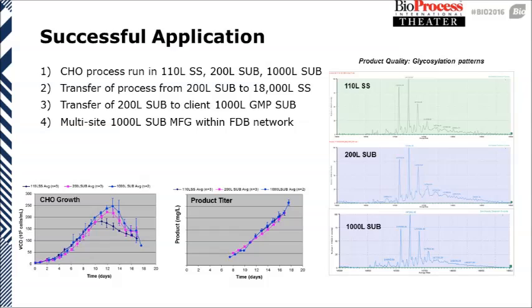And you're seeing that the glycan profiles are not changing, and then we're getting consistent growth and consistent titer through our product. And in this example, we ended up scaling this up to even larger than 1,000 liters, and we were able to demonstrate that we can manufacture the same protein at multiple sites within our network and get consistent analytical profiles and consistent product growth and quality, and that's what we're trying to aim for.